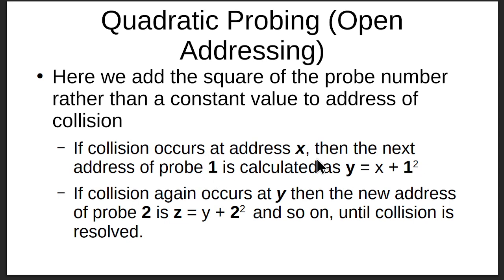If probe 1 returns false, meaning this new address is occupied, then we send the second probe, whose address is the value where the first collision occurred plus probe number square, so 2 square. In this way the addresses are not close to one another, and we keep sending probes until we find an empty slot.